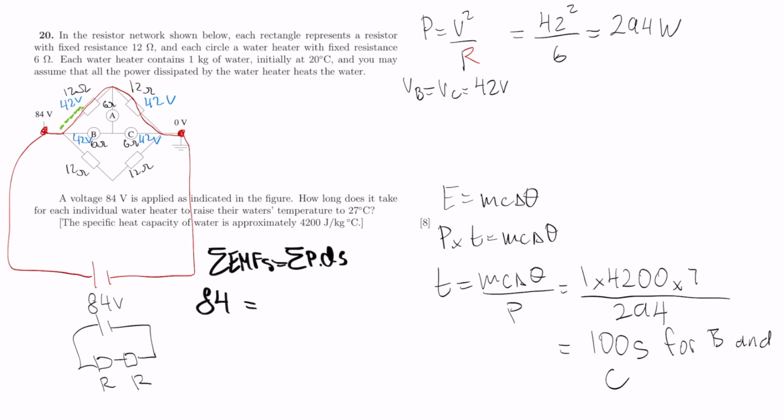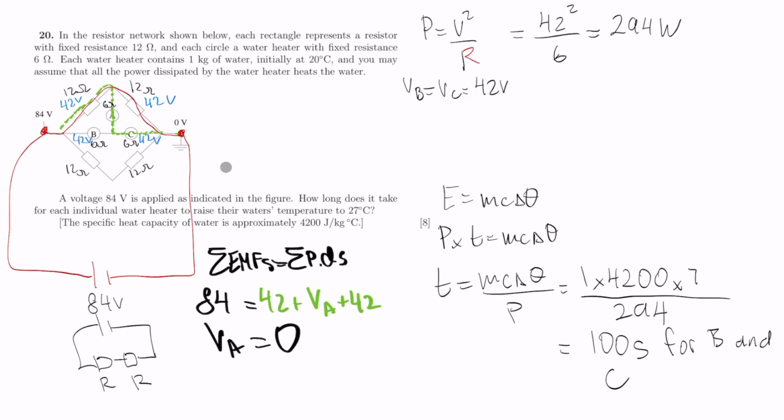We have 42 for the first one. We don't know this one, so I'm going to call that VA. Now I'm going to go this way, so plus another 42 here. So we can clearly see that VA has to be 0 across this green loop across here.